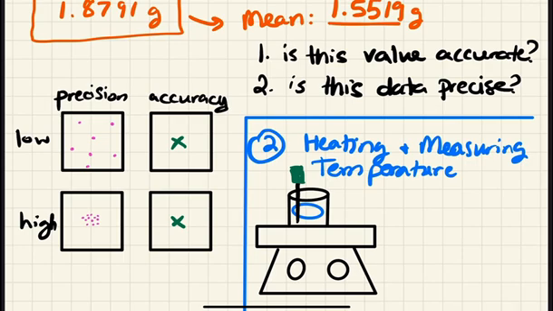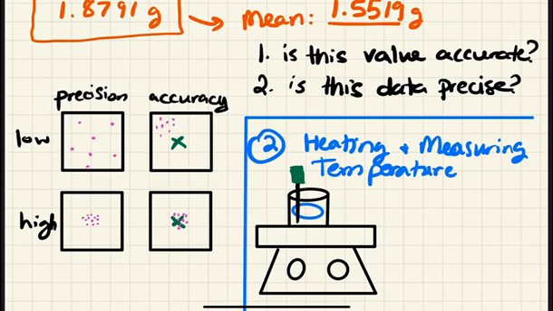If a sample is not very accurate, the sample measurement data points could be way off from the actual target value. Whereas if there is high accuracy, the data points could be very close to the true value. So that is a conceptual difference between precision and accuracy.